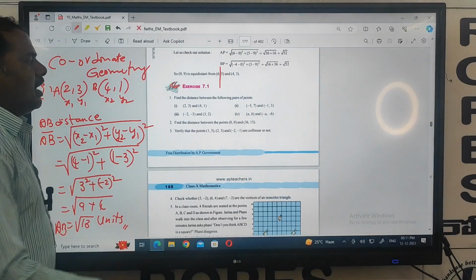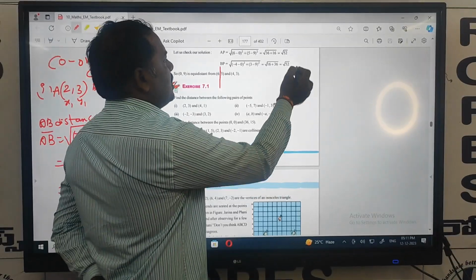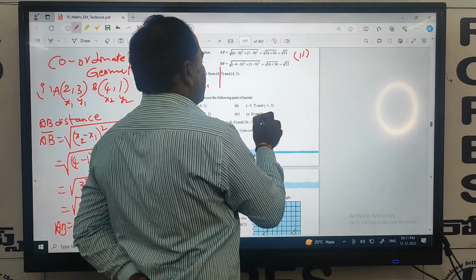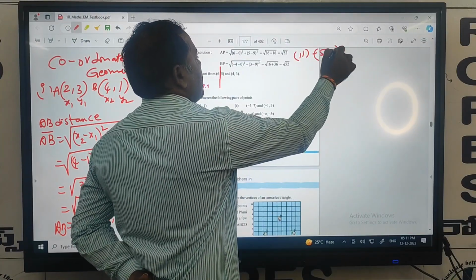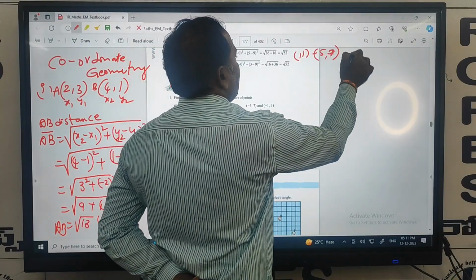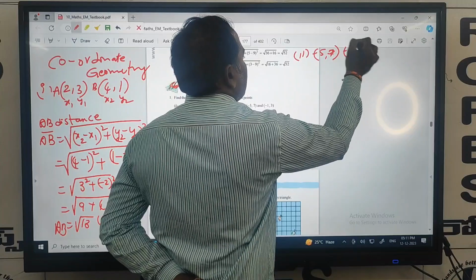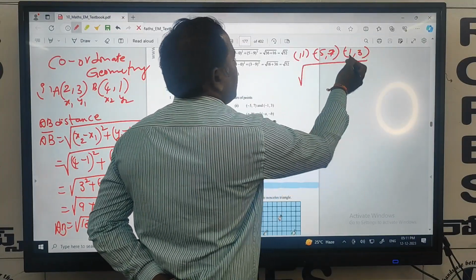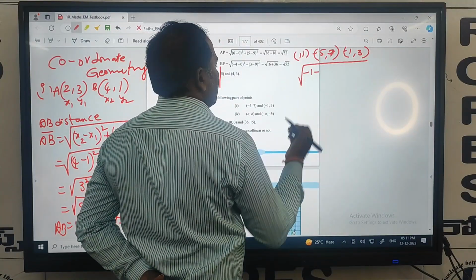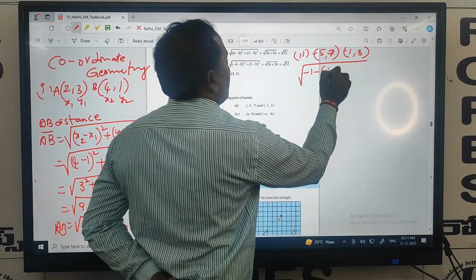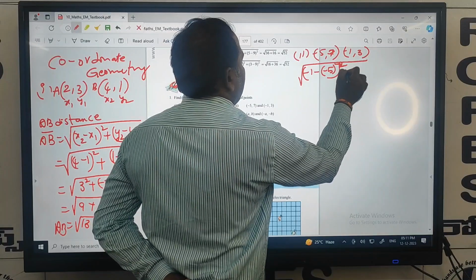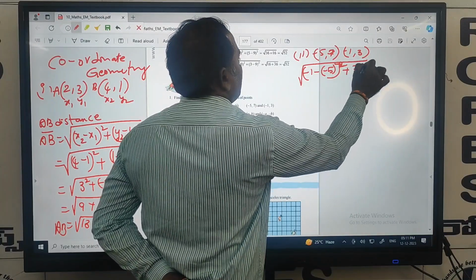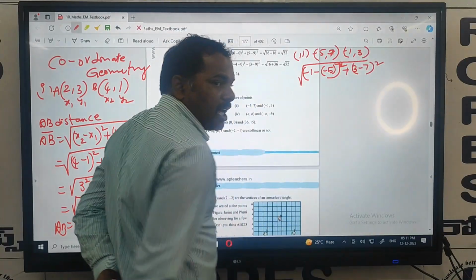Next, the second one: (minus 5, 7) and (minus 1, 3). Directly, the square root of (minus 1 minus of minus 5) whole square plus (3 minus 7) whole square.